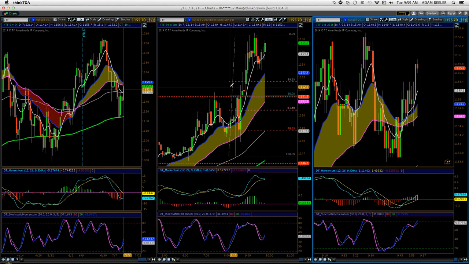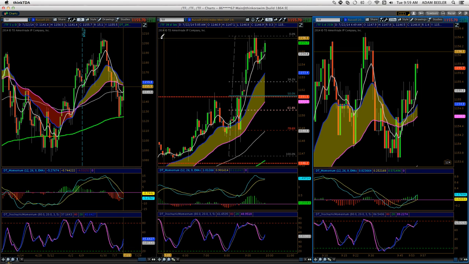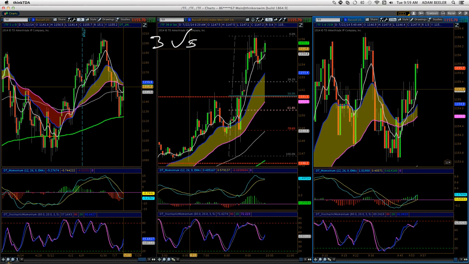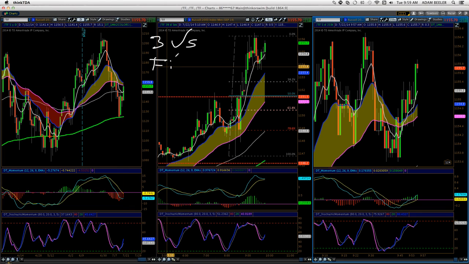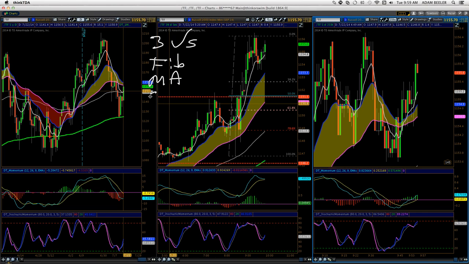Let's start off with the basics here. The stuff you guys hear me say every day, the three checks. Pretty straightforward, but we're going to get into detail here. The three checks are Fibonacci's, moving averages, and support and resistance.